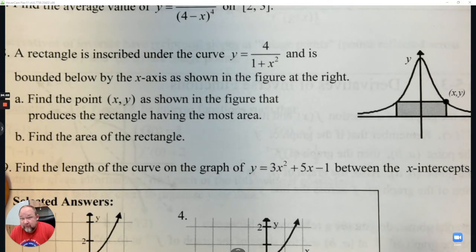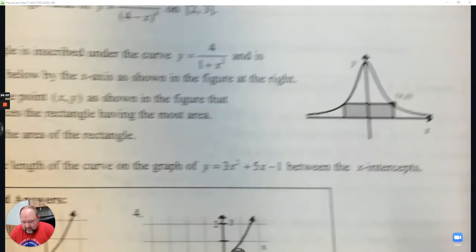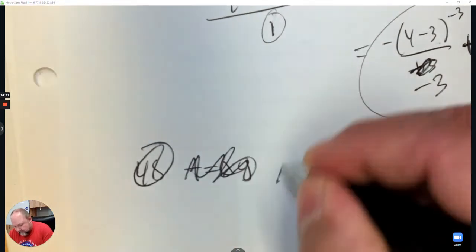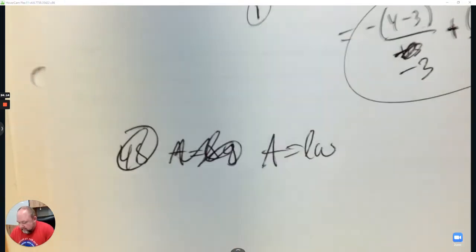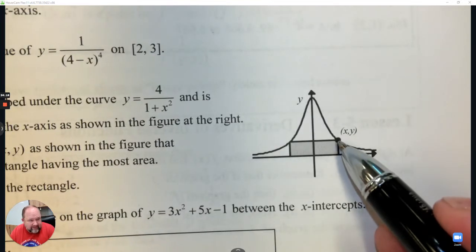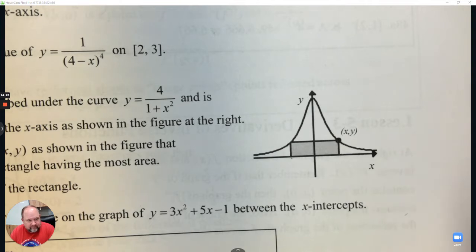All right, optimization. That's a derivative question. So we need to have an equation for this rectangle. So the area of this rectangle we know is length times width. When I look at the length or the width or the base and the height, I'm using the y coordinate and 2 x's.